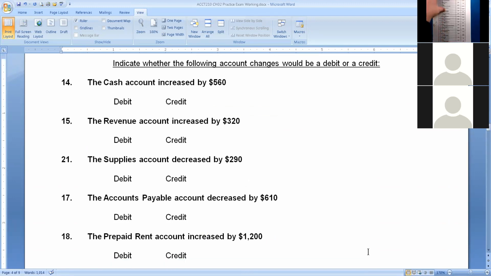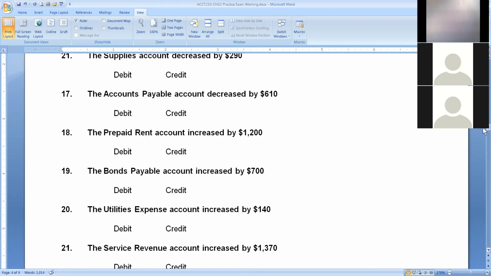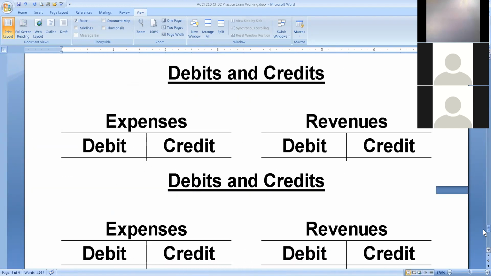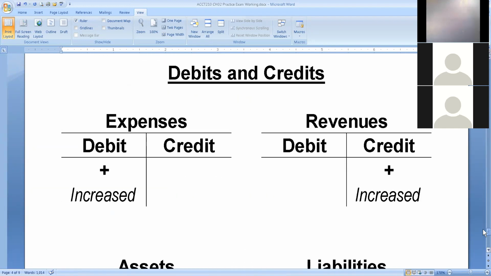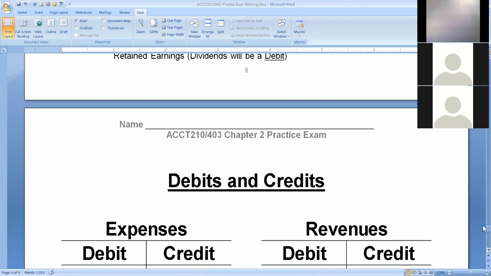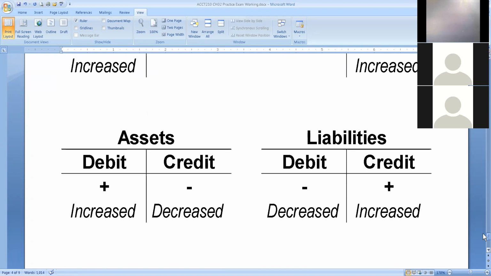Okay, and so this really beats up the debits and credits thing. I think I might go ahead and print this one out. Let me print this page out. What is this, page 9?